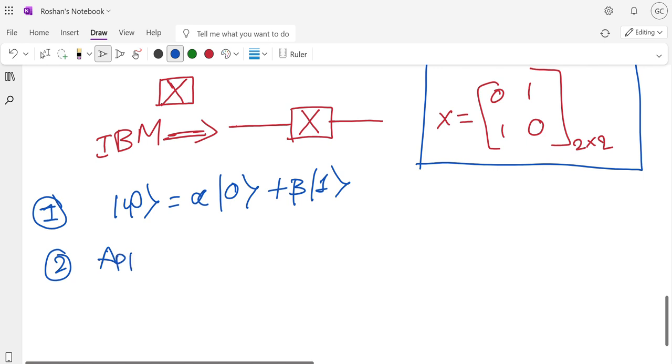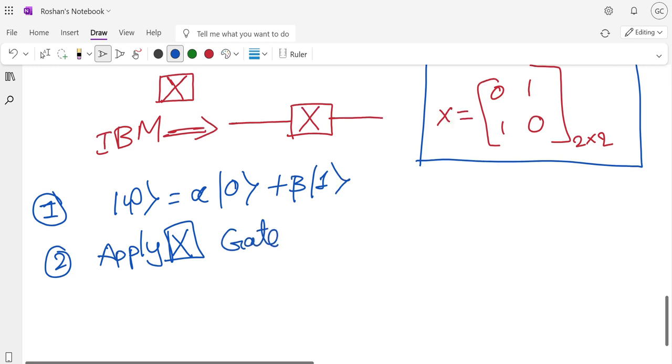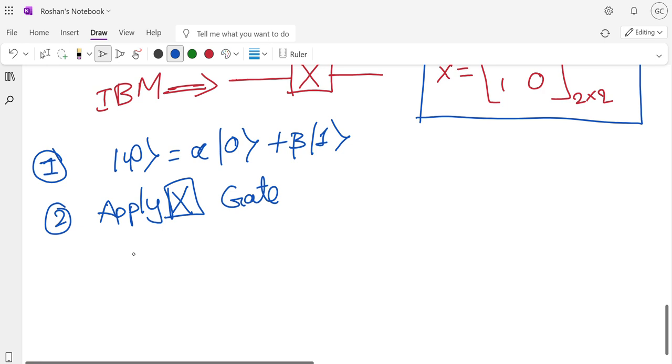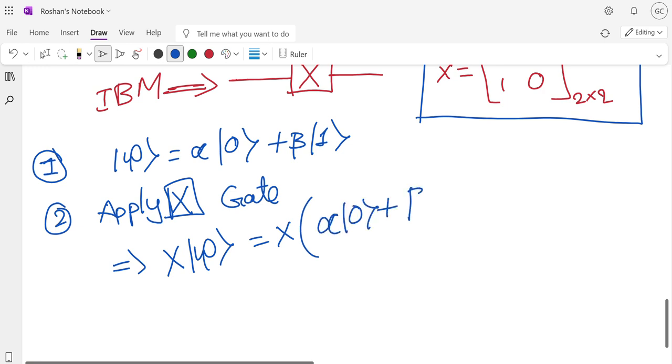We need to apply the X gate. So we'll proceed. X|psi> is equal to X of alpha|0> plus beta|1>. Now we already know how to represent X.